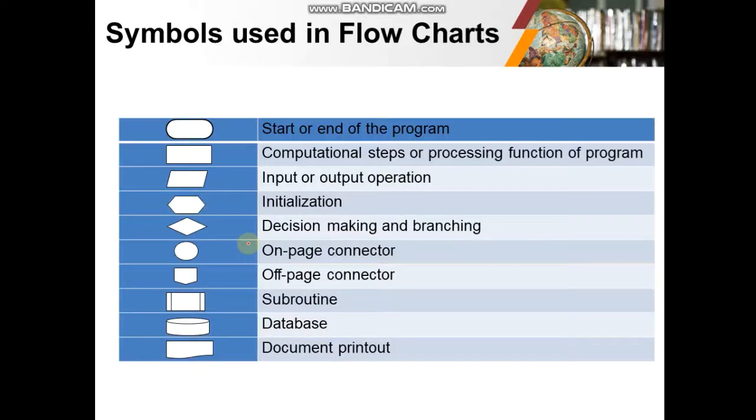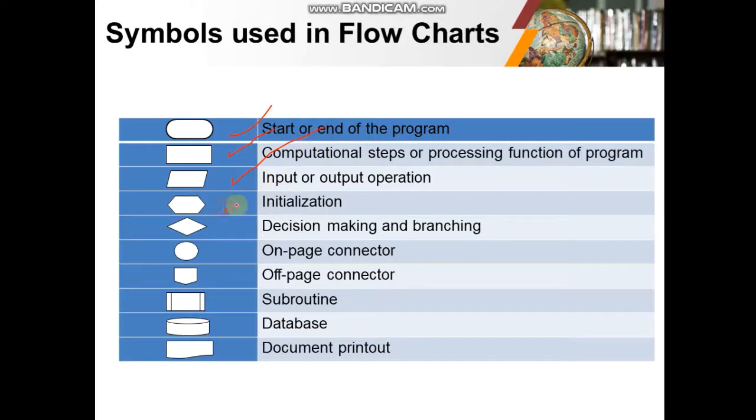Here are the symbols used in flowcharts. This is the terminal symbol, or what we call the start or end of the program. For computational steps or processing functions like assignment statements and formulas, we use the rectangle symbol. For input and output operations such as printing and displaying output or reading input, we use the input-output operation symbol, or the parallelogram.